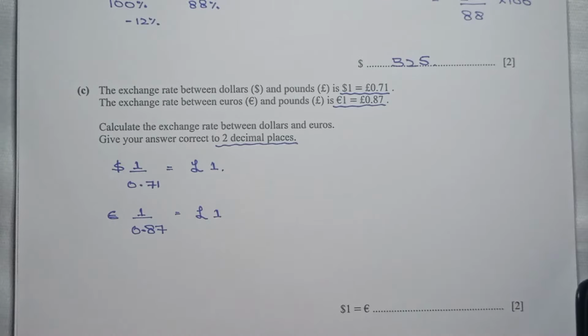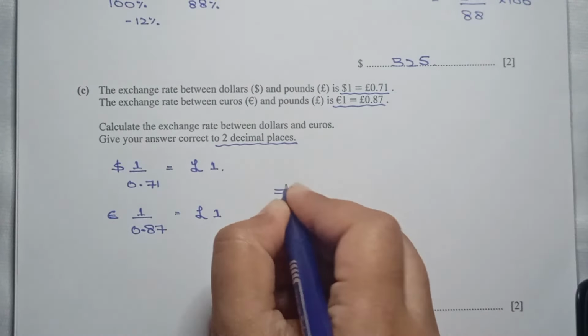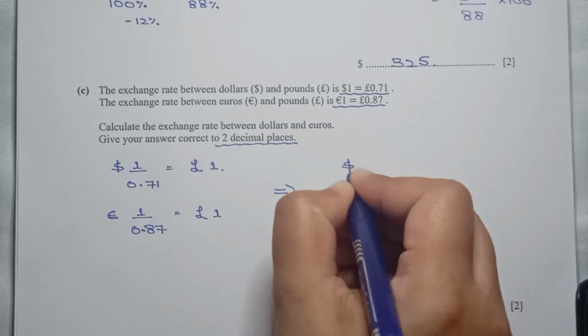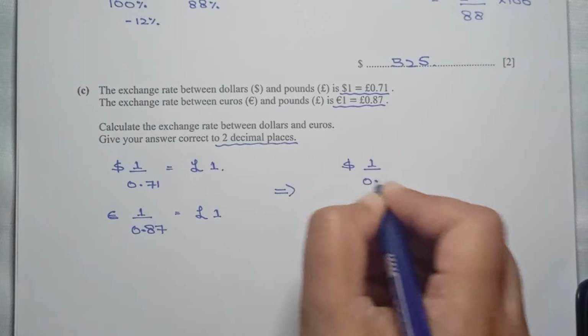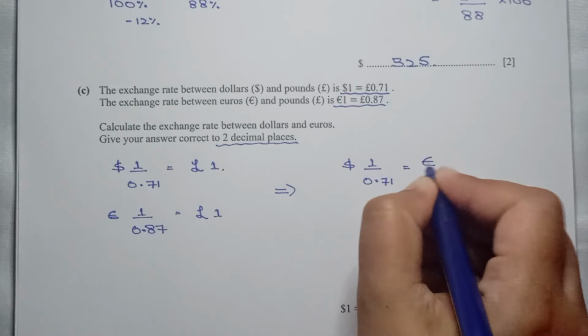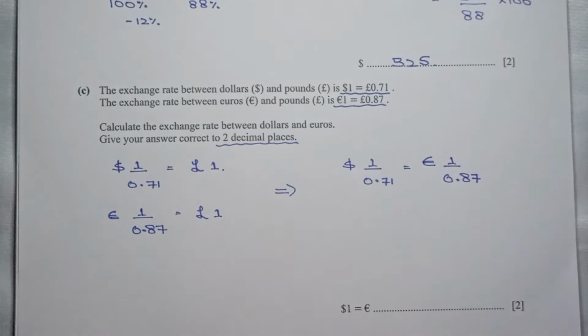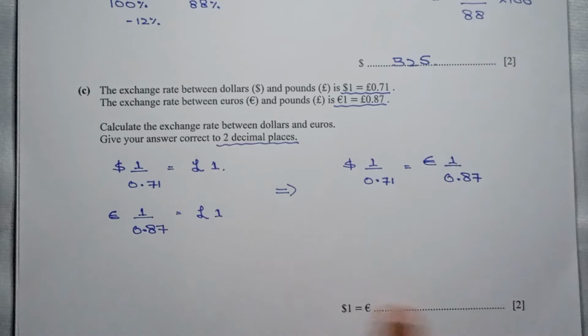Now we need to compare both of them and we will get the dollars in terms of euros. So 1 divided by 0.71 equals 1 divided by 0.87 euros. And we need to find our answer for $1 in terms of euros.